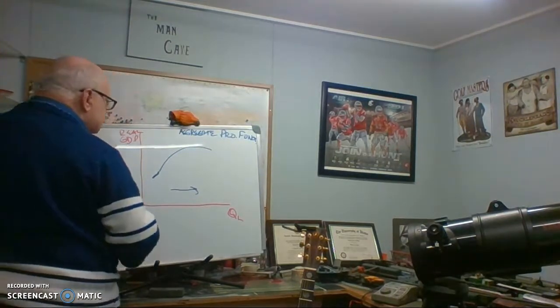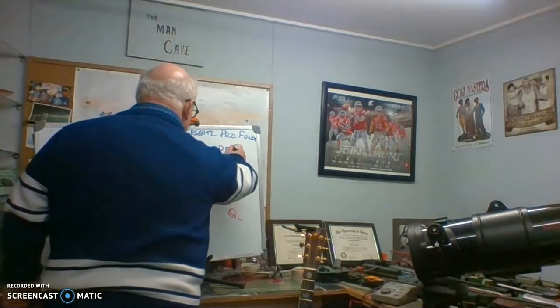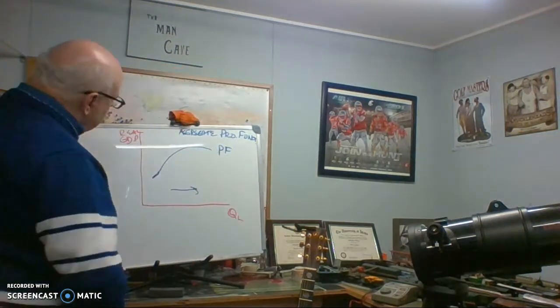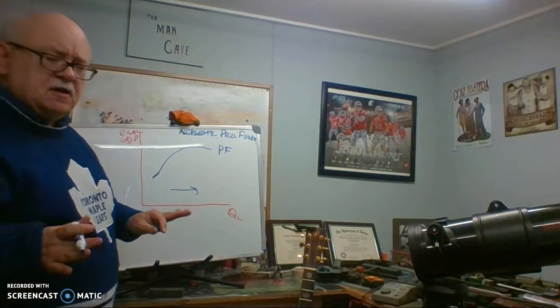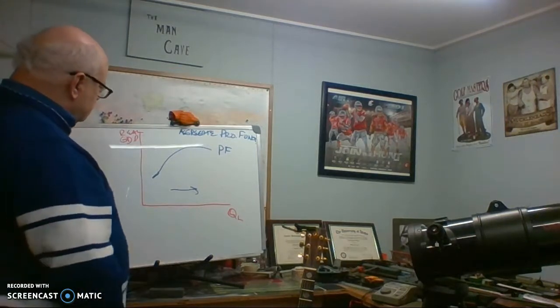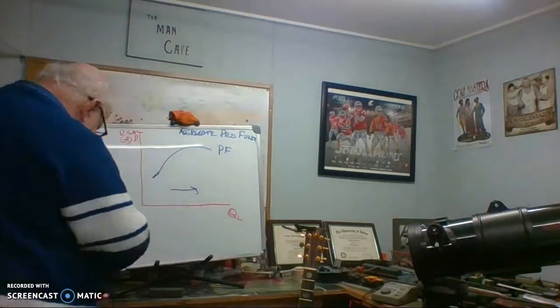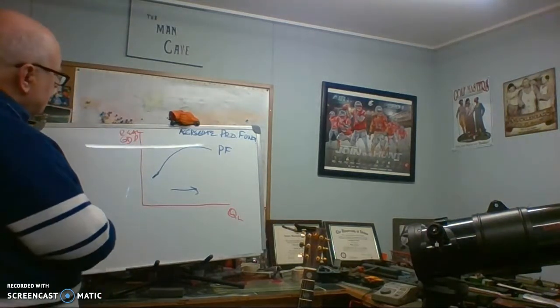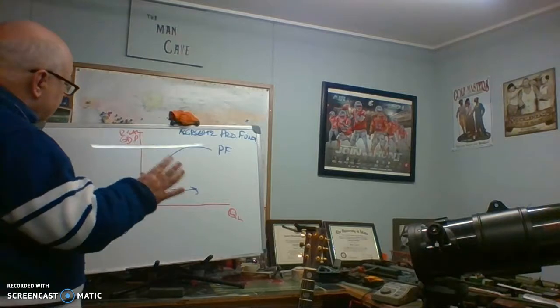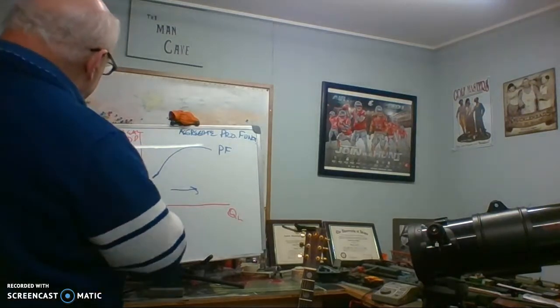Okay, so the production function here is this shape because of diminishing marginal returns. Okay, well, what does all this have to do with aggregate growth or economic growth?